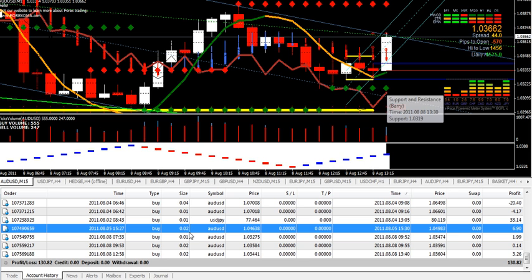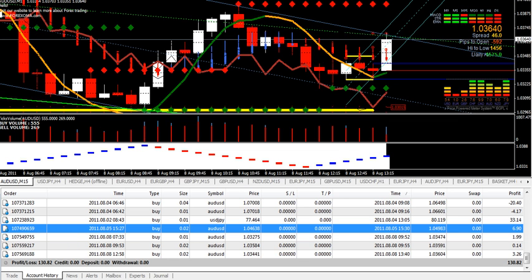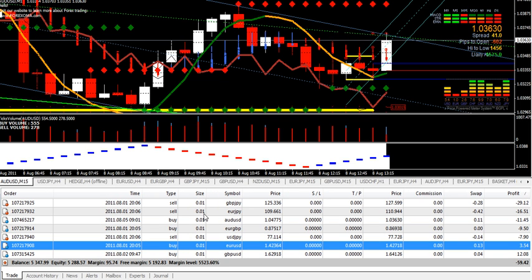Why? Because we can identify it, and the other reason was we already had 1 position on the Australian dollar at 104.775.